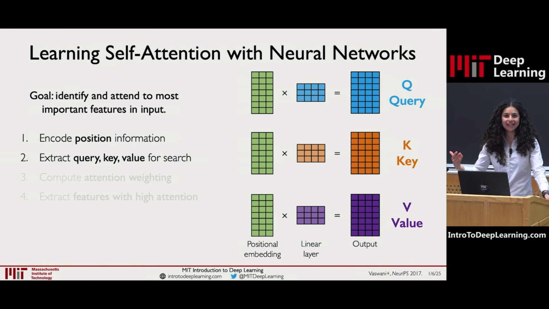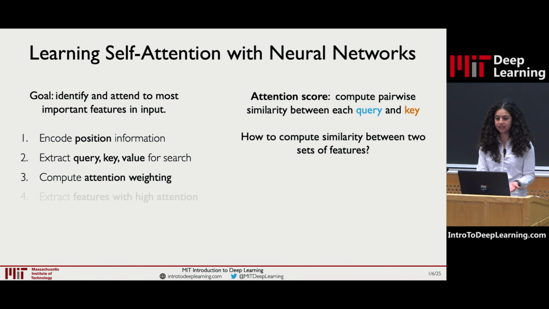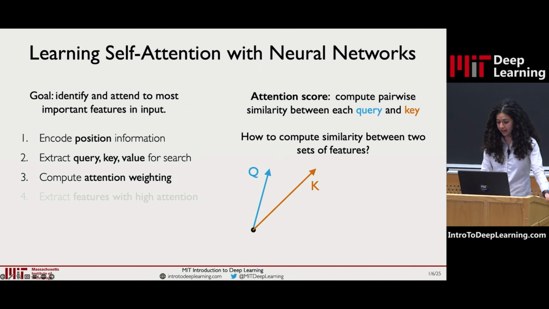Now, again, our next step in the search operation was to figure out how similar the query is to the key. And that's exactly what we're going to do next with attention. To do that, remember these are numeric vectors or matrices. And so we need a mathematical way to compute that similarity between 2 sets of numerical features. So let's say we have 2 vectors, our query vector and our key vector.